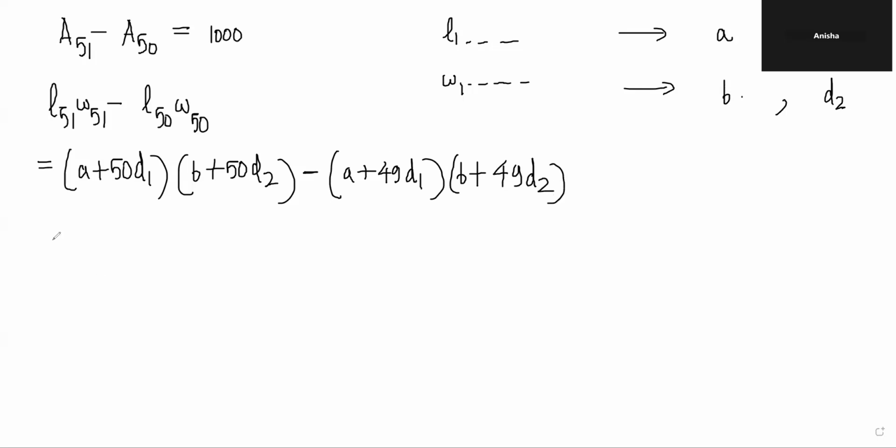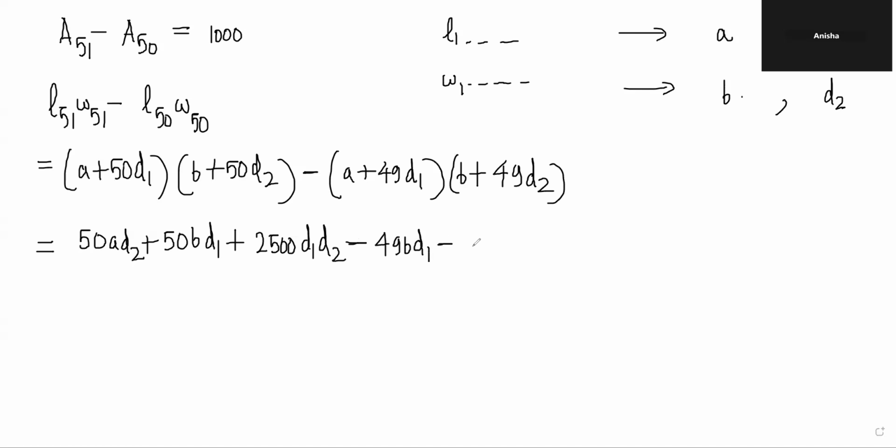So from here AB will get cancelled, and you have 50 AD2 plus 50 BD1 plus 2500 D1 D2 minus 49 BD1 minus 49 AD2 minus 2401 D1 D2.